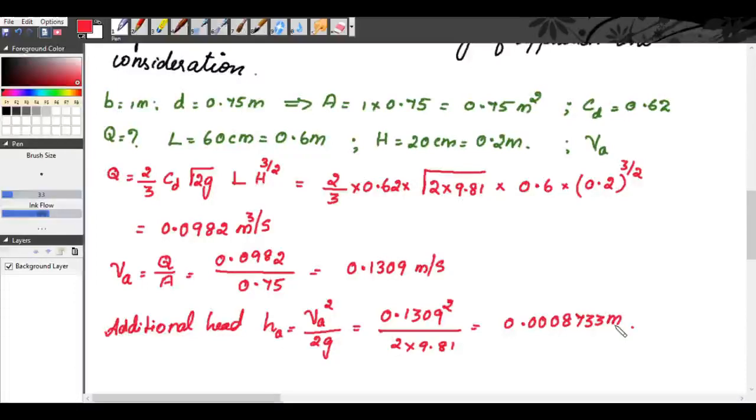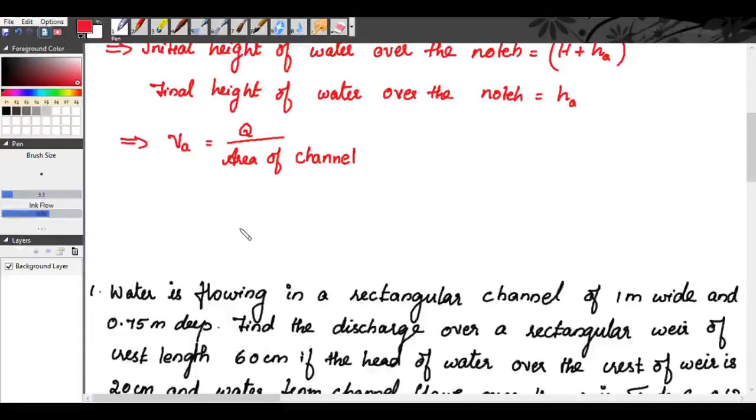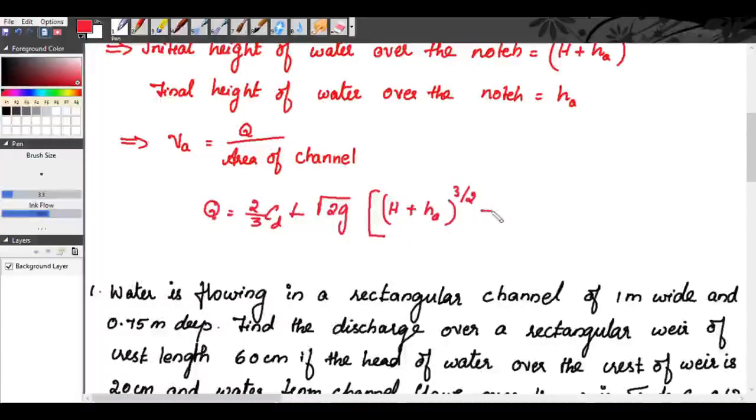Now, see, in the previous, here I forgot to tell you one thing. If VA is the velocity of approach, the formula for discharge Q will be equal to 2 by 3 CD L into root of 2G into, instead of H raised to 3 by 2, we have, sorry, we will take it as H plus HA the whole raised to 3 by 2 minus HA raised to 3 by 2.